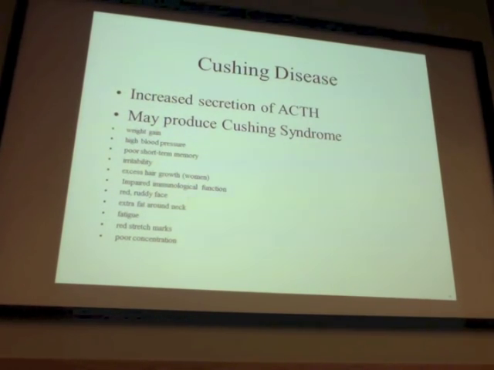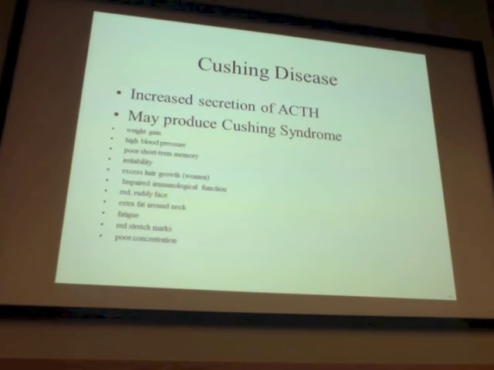It may make you irritable, or it may actually give you a sense of feeling good. A lot of times people that have this have a feeling of feeling really good. It can make hair grow places where it shouldn't grow. Women in particular will get a lot of hair on their face. It can change your immunological function. Basically, it immunosuppresses you.